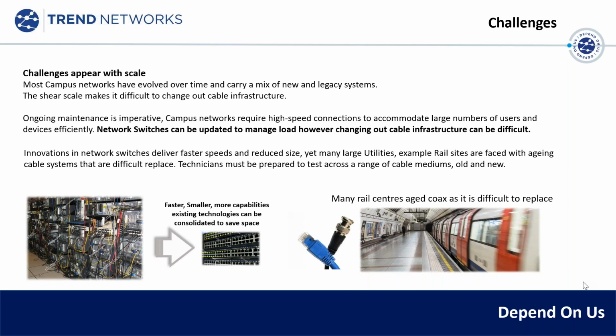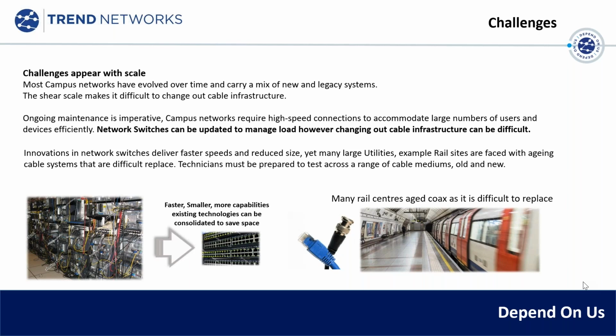So that's kind of easy. They are able to go in and change out those switches, which is wonderful, but it's the sheer scale of that infrastructure, all that cabling in the walls and that building all around you. If you think about a railway station, it is difficult to change. So innovations of network switches deliver faster speeds, but yet they're still having to deal with the challenge of legacy systems. So let's move on.